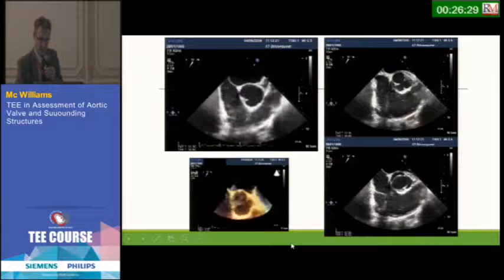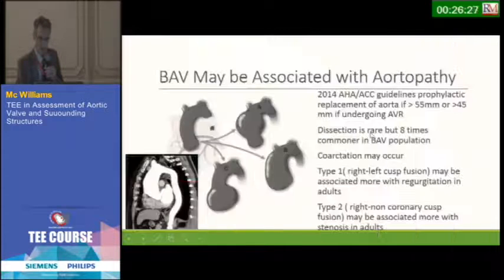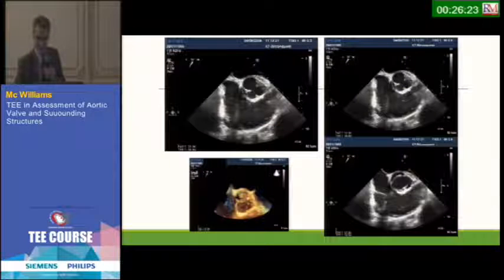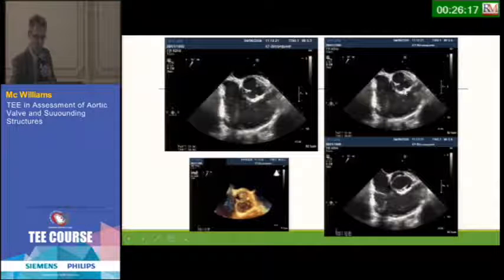This is obviously the very nice 3D image. But when it's in diastole, because of fusion of the raphe, you would say that this is a trileaflet valve. You'd think this is a Mercedes-Benz sign. So that's an important point to be aware of.